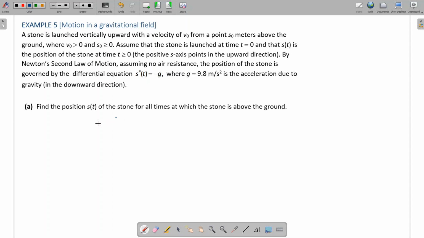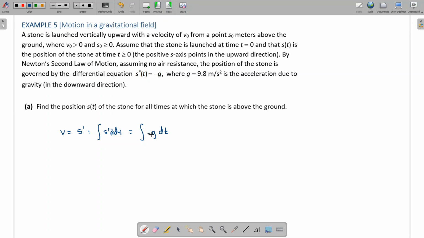To get s prime, which is the same as the velocity function, we will take the antiderivative of s double prime of t, which would be the antiderivative of just negative g dt.